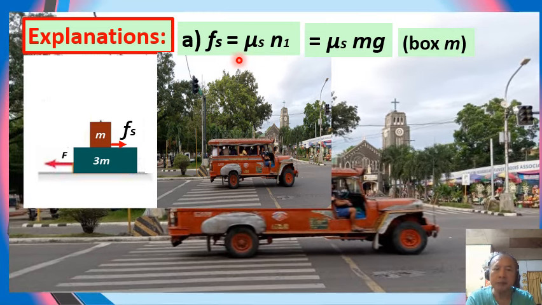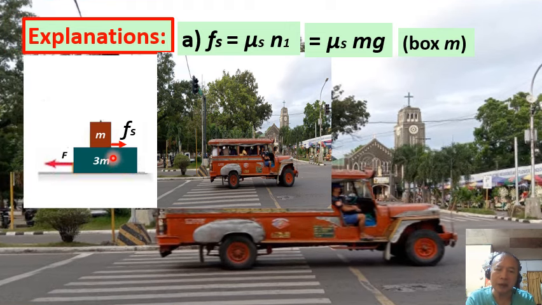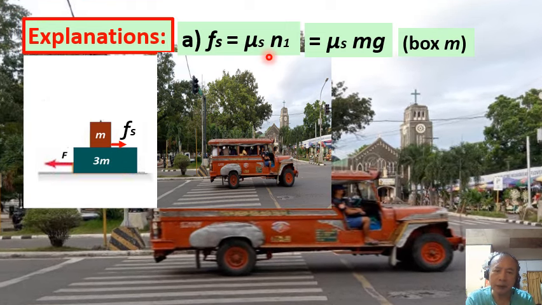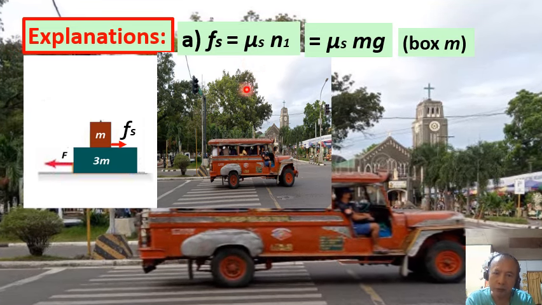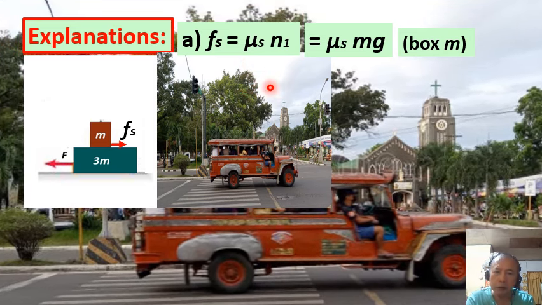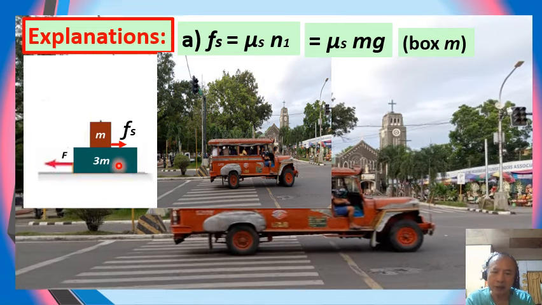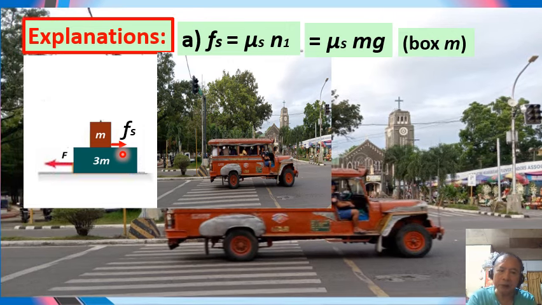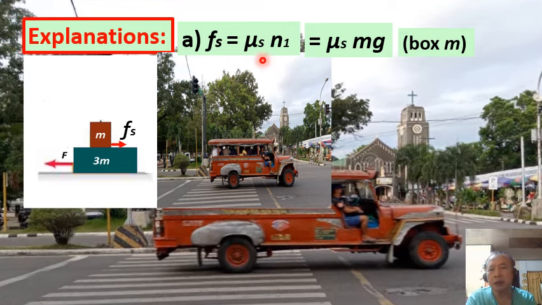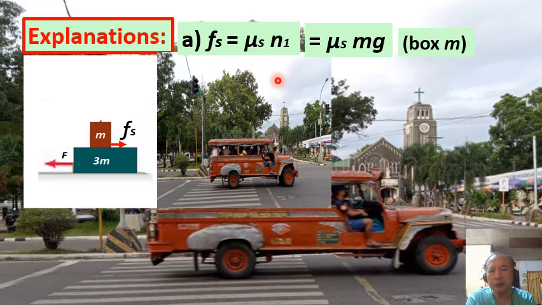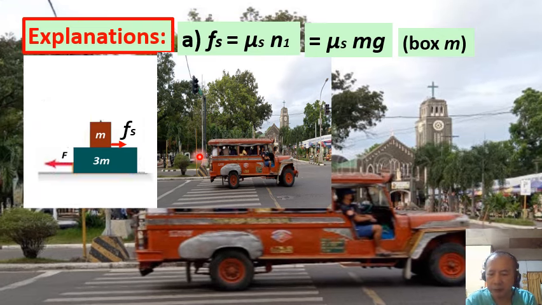And since the two boxes are in physical contact, the same coefficient of static friction also exists as far as the larger box is concerned. In other words, we can also express this coefficient of static friction in terms of the force F that is applied on the larger mass.